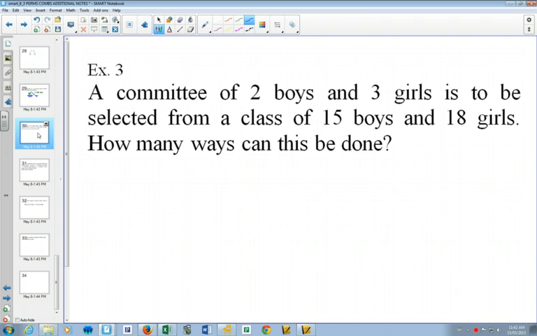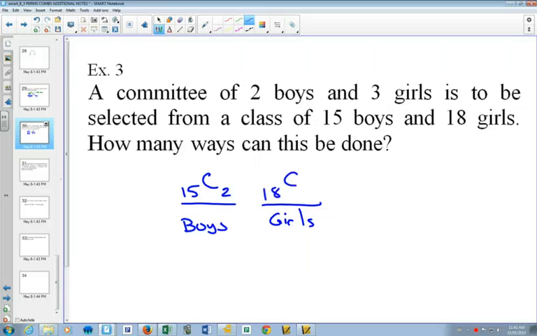Well, there's 2 decisions to be made. You've got to choose which boys and which girls are going to be on the committee. 15 choose 2 and 18 choose 3.